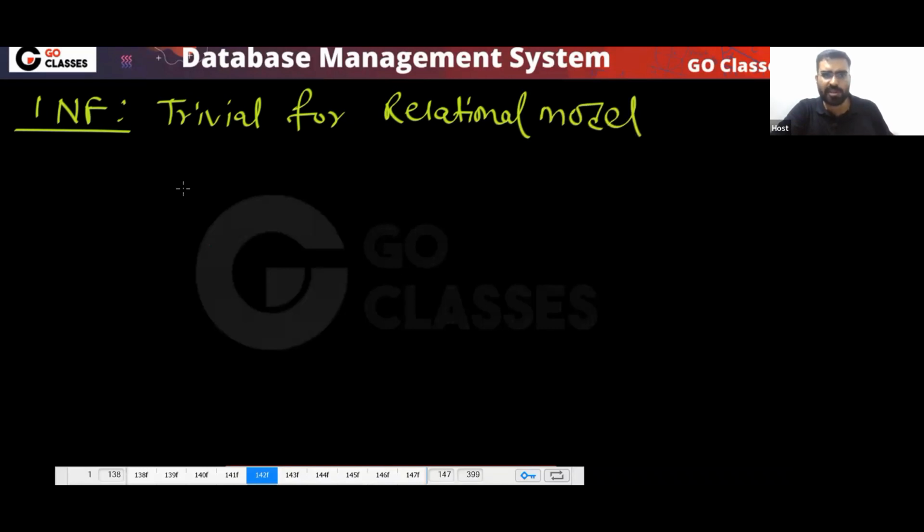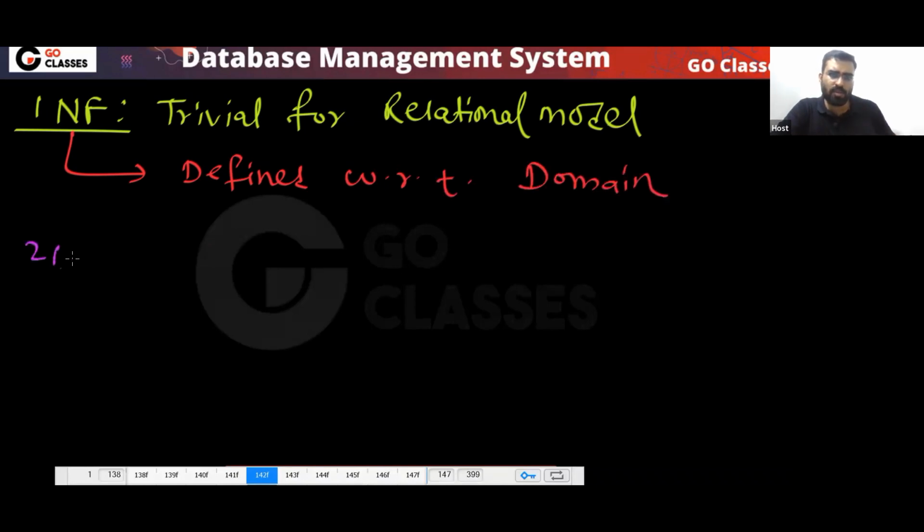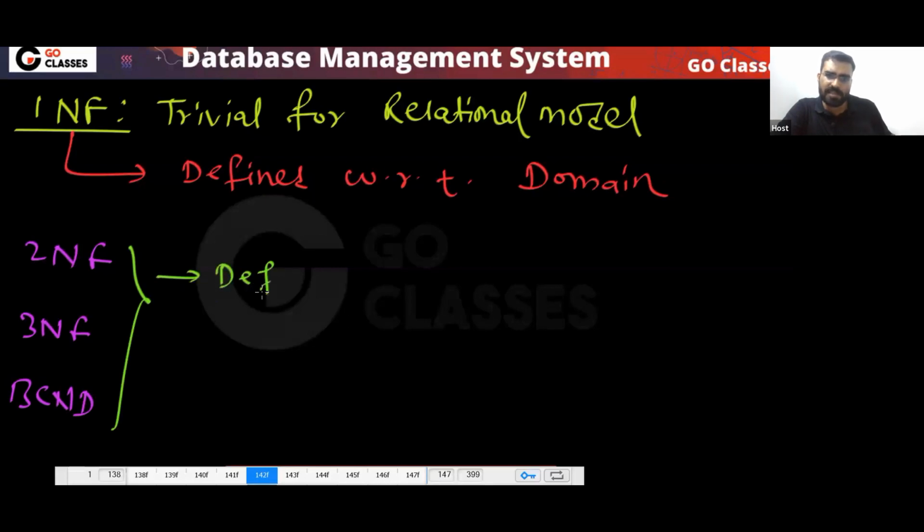Okay, every relational model is in 1NF. Also, this 1NF is defined with respect to domain. If you notice, the remaining normal forms like 2NF, 3NF, and BCNF are defined with respect to non-trivial functional dependencies.